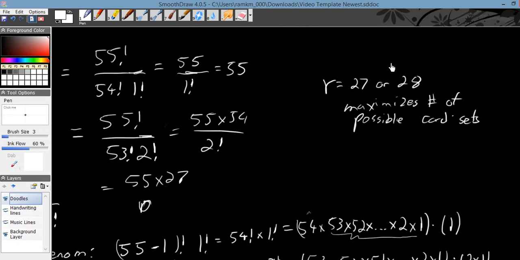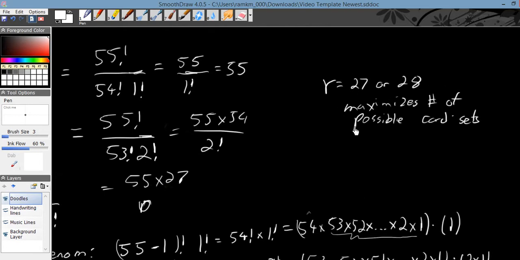So another way of saying that, if you're asked to pick r cards from a set of 55 cards, the value of r that will result in the maximum number of sets of cards is going to be 27 or 28.